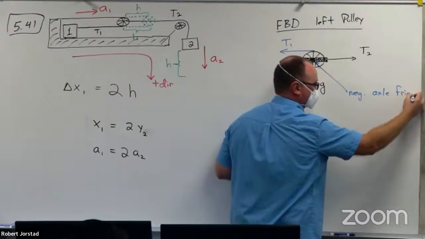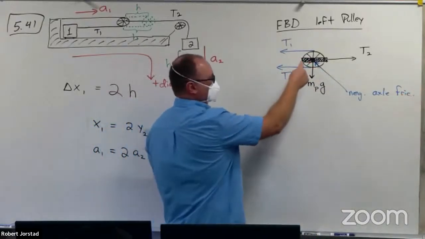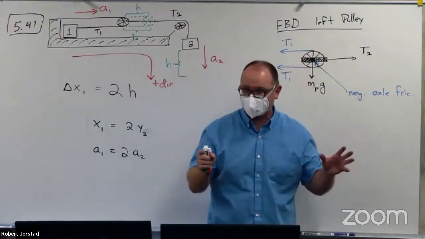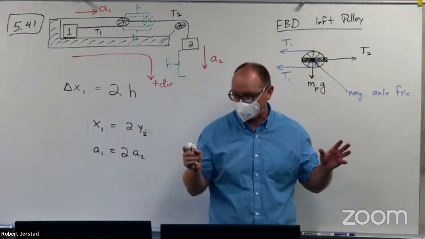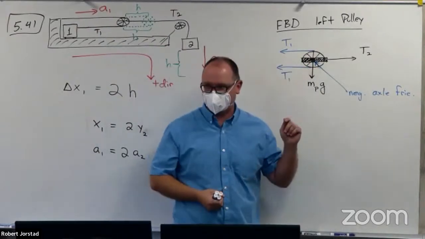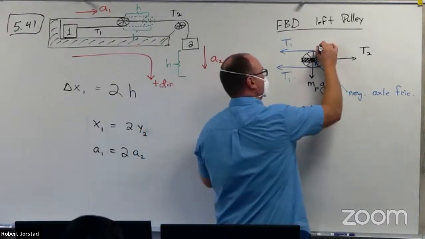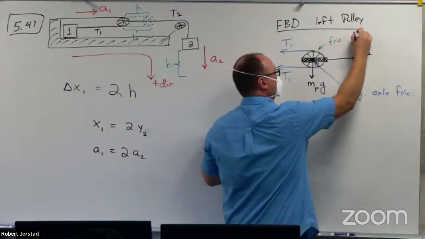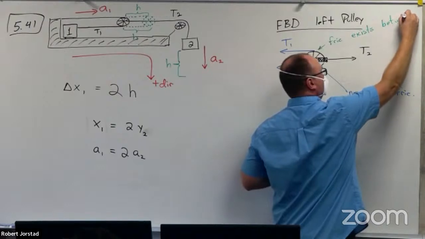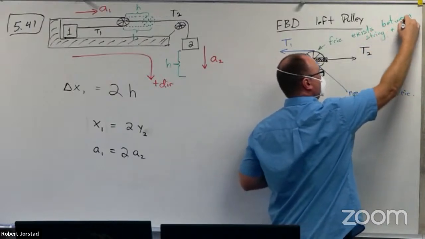So the axle of the pulley has no friction. Now, there's lots of friction between the string and the pulley itself. Otherwise, the string would just slip around the pulley and fall right around, and the pulley wouldn't twist. So we know if the pulley actually turns, there has to be friction between them. So this is a very subtle thing. There is friction between string and edge of pulley.